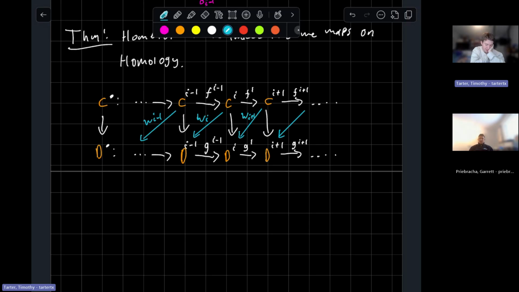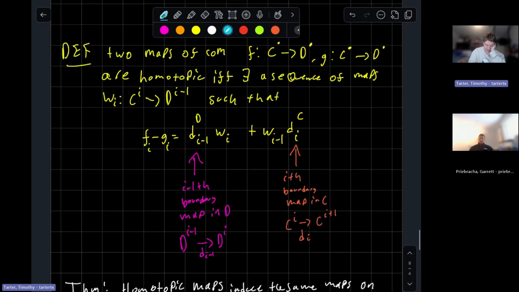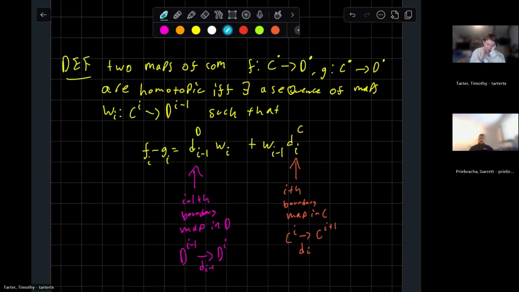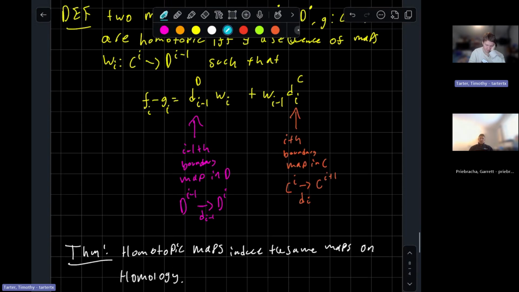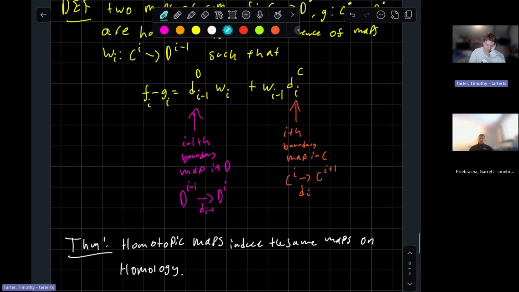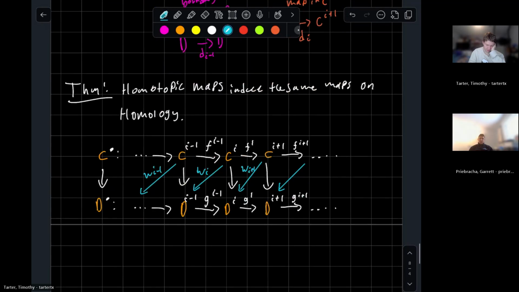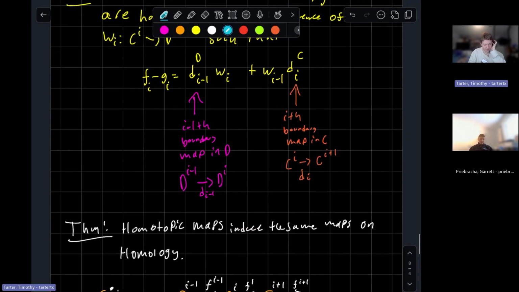Homotopy of complexes. So we want wi. We are given that they're homotopic.